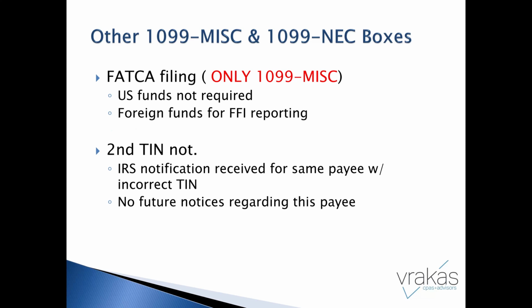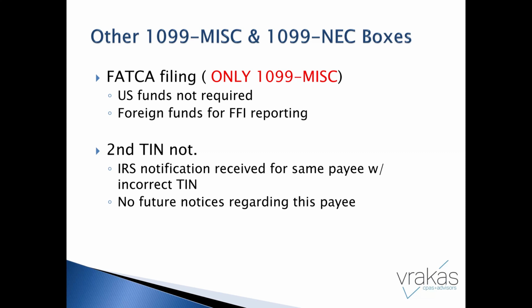The second TIN notice: sometimes you have issues with the IRS and you get notices back from them. The ID number that you issued the 1099 with doesn't match the IRS's computer system. So it's a digit off or something.